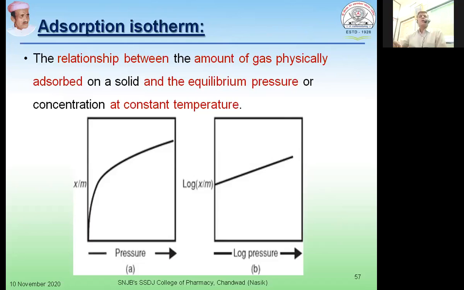So if we plot log of x by m, that is amount of gas adsorbed per unit mass of adsorbent, versus log pressure, then we get a straight line. How this plays an important role and how it helps us, we'll understand when we talk in our next lecture about different adsorption isotherm equations like Freundlich adsorption isotherm equation, Langmuir adsorption isotherm equation, and BET adsorption isotherm equation.